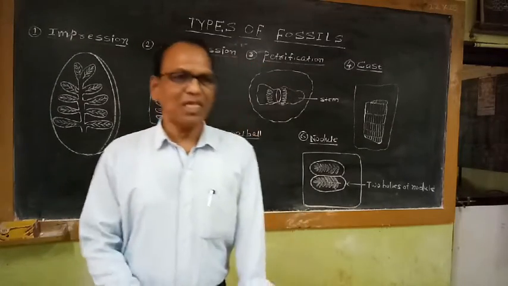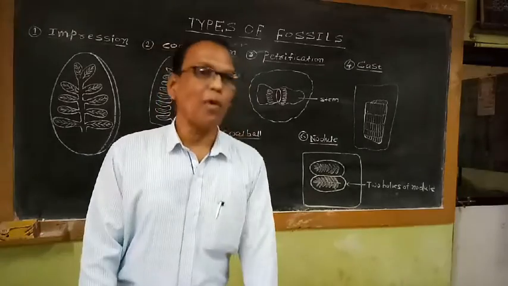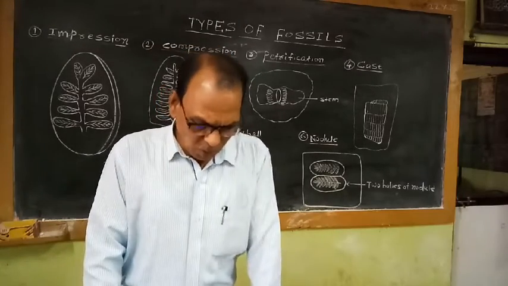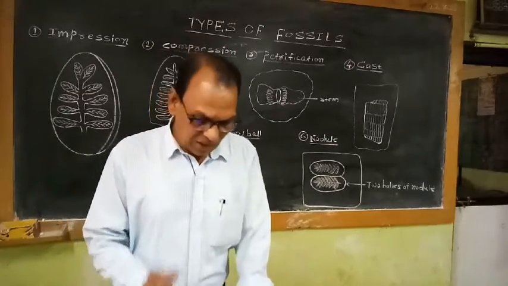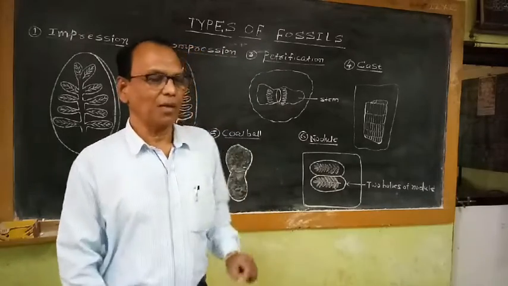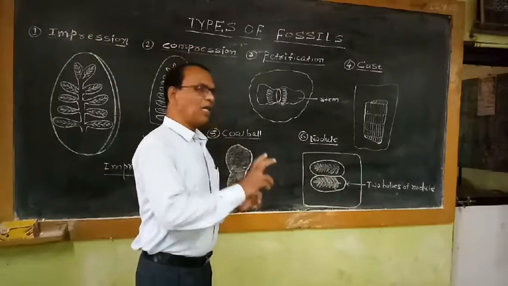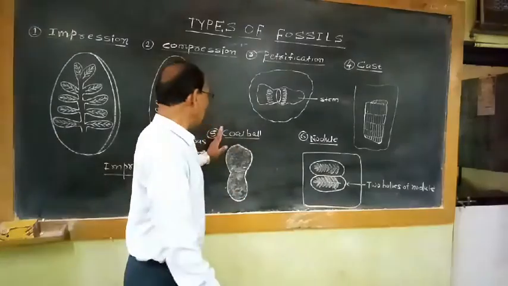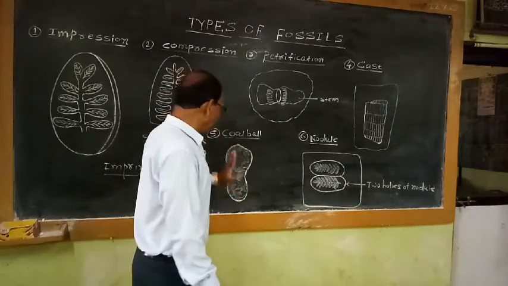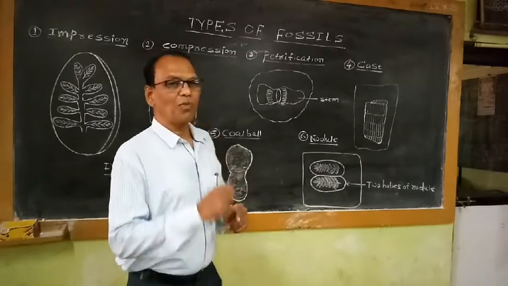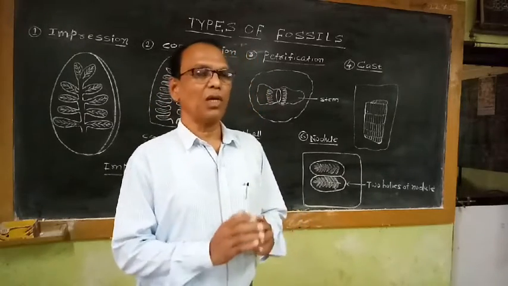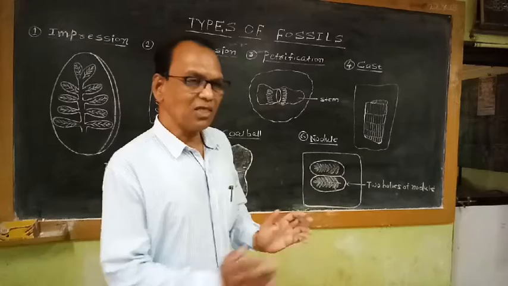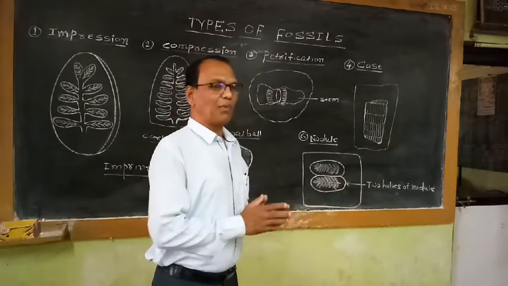So these types of fossils in the form of coal balls are useful to know the vegetation in that region in the past. That means what kind of vegetation was there in that particular region in the past can be judged with the help of coal balls. In some coal balls, seeds of a particular plant are preserved in the mineral material. In some coal balls, fruits may be preserved.